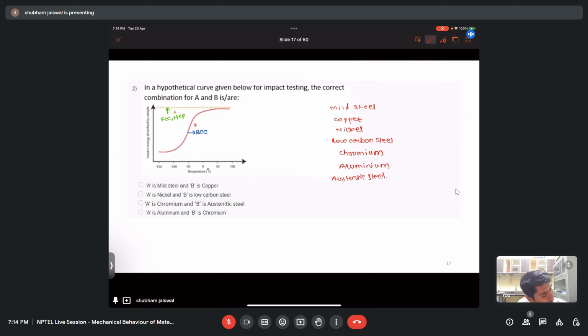If we write the crystal structures: mild steel will have BCC, copper will have FCC, nickel will have FCC, the low carbon steel again will have BCC, the chromium will have BCC, the aluminium again has FCC, and austenitic steel means gamma steel, it has FCC.